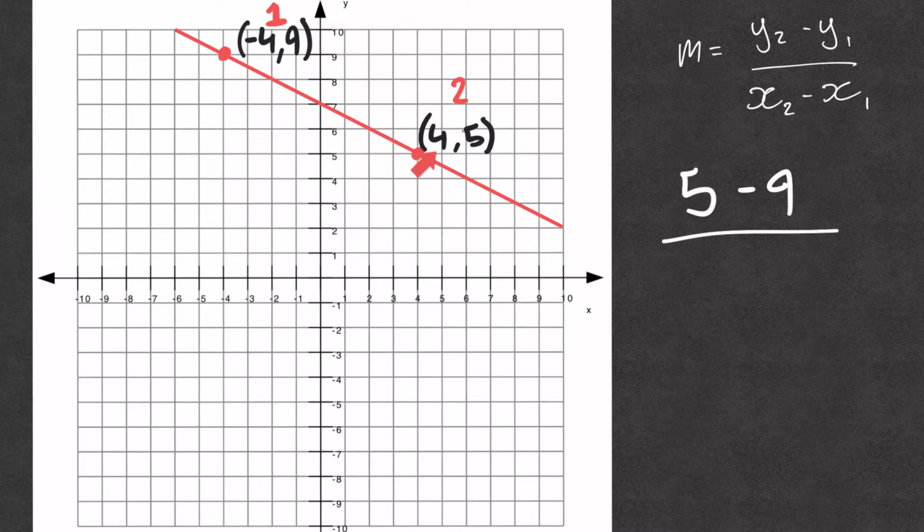So my second x point, so x is 4. And my first x point is -4, which was a coincidence. So if we're taking away a negative, we're actually adding it. So 4 plus 4.